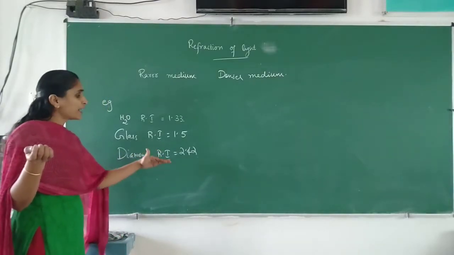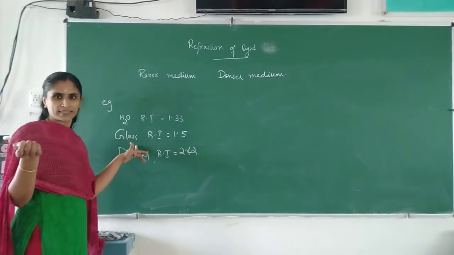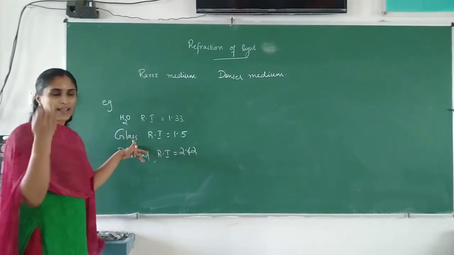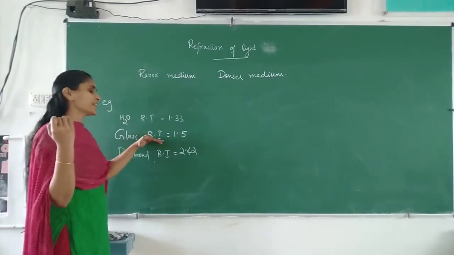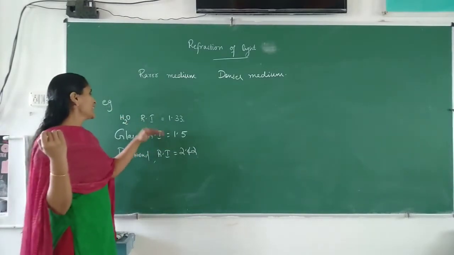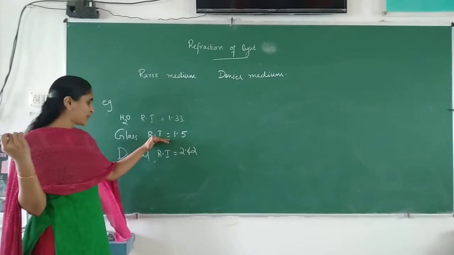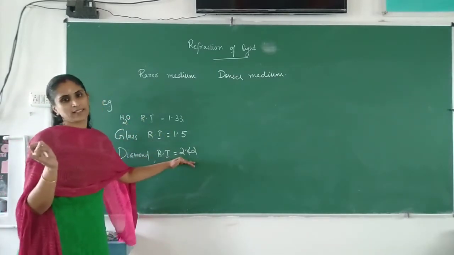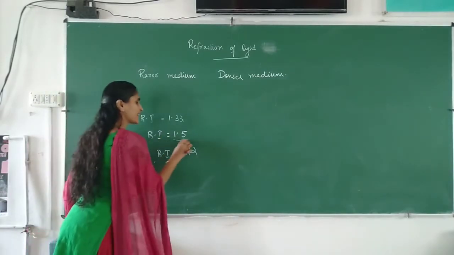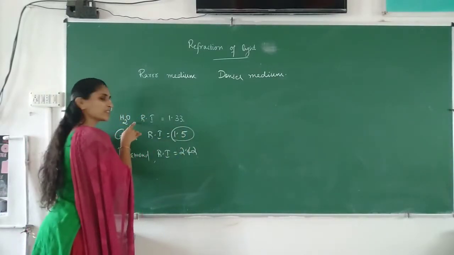So we will say that diamond is denser than glass. Similarly, glass is denser than water but rarer than diamond. Why? Because the refractive index of glass is more than water.